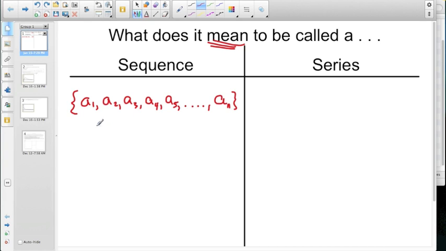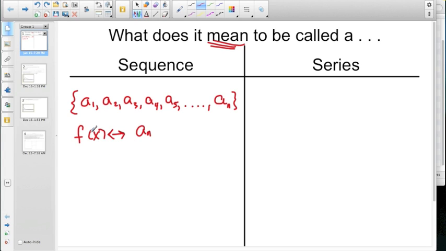And if we think about what it means to have a list of values, and we talked about this in the first section, that list of values is really the values we get from the a sub n expression, and it really can be considered a function.